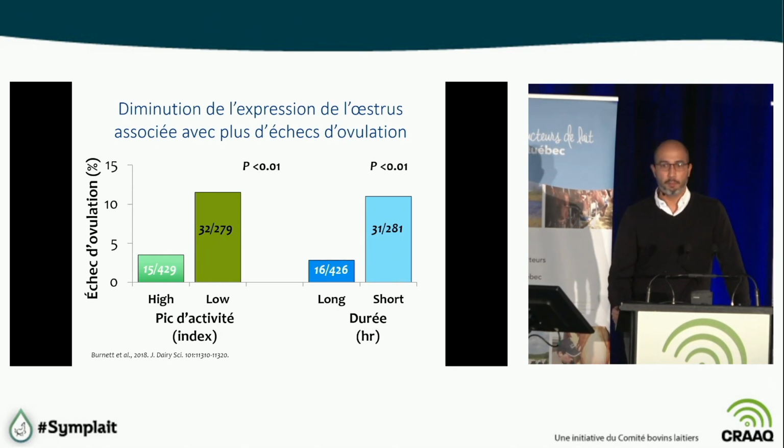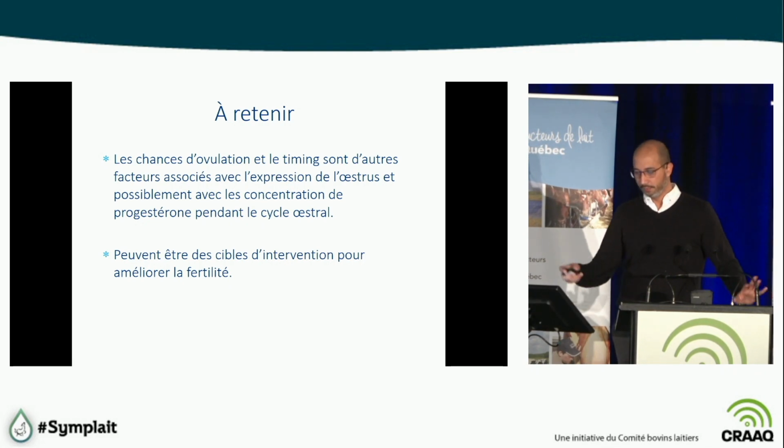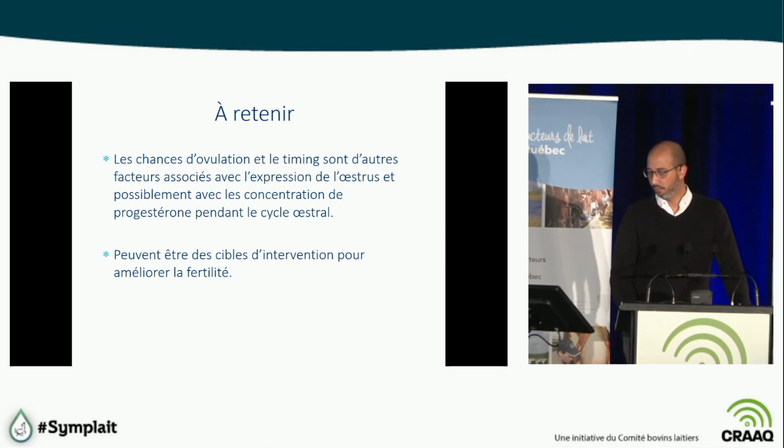But the bigger point here is that you have a clear difference in ovulation rates between the two groups. The timing also changes, which I didn't show on a slide, because otherwise the organizing committee would kill me with the amount of slides I first sent. Timing is likely another significant factor affecting estrus, so it creates a certain potential for intervention.